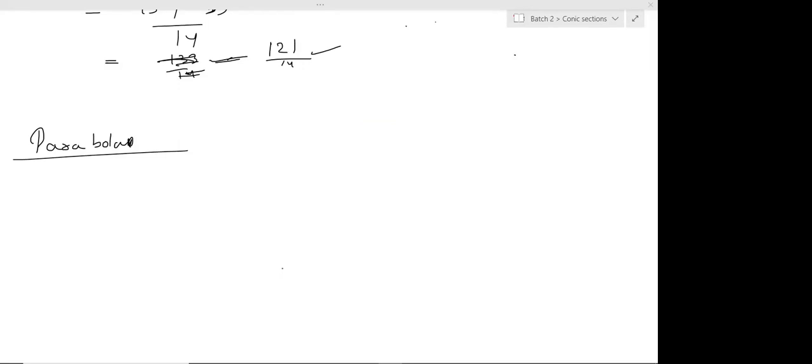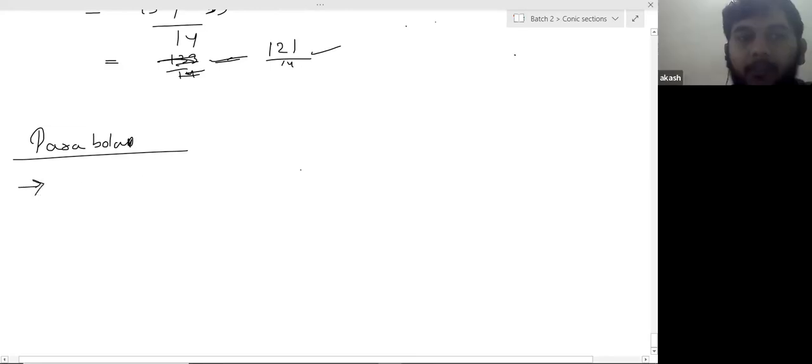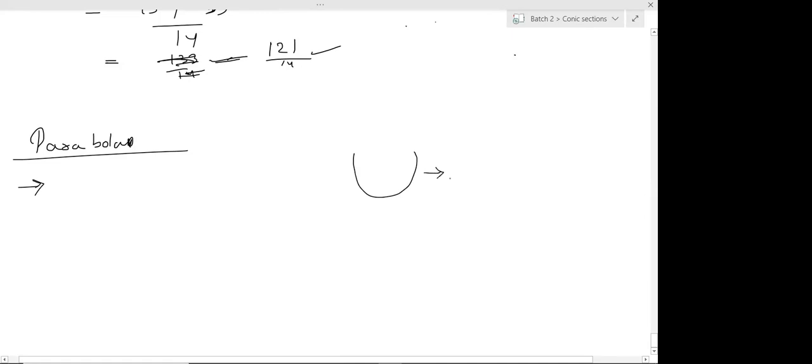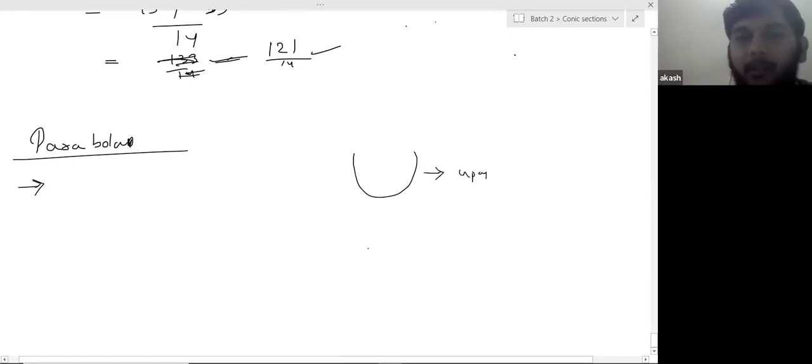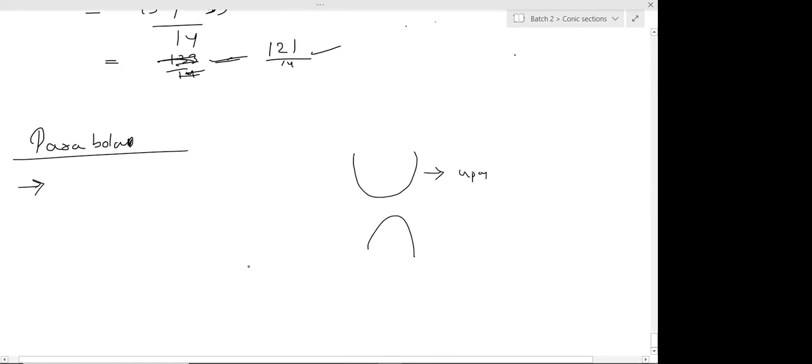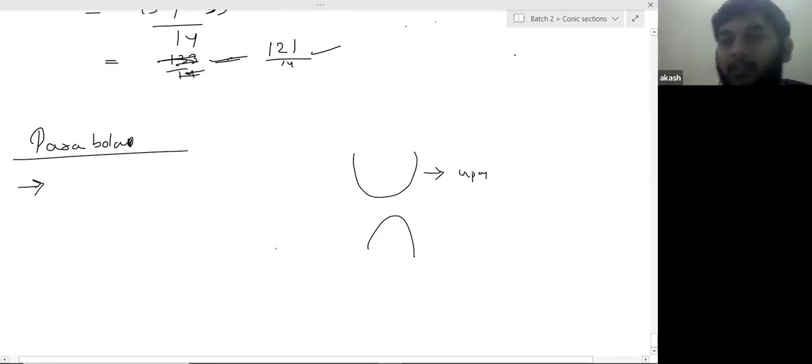Any quadratic equation forms the shape of a parabola. This is an upward facing parabola, and this is a downward facing parabola. So you have just seen it, not studied it, right? Yes. So today we are going to learn a few things about this.